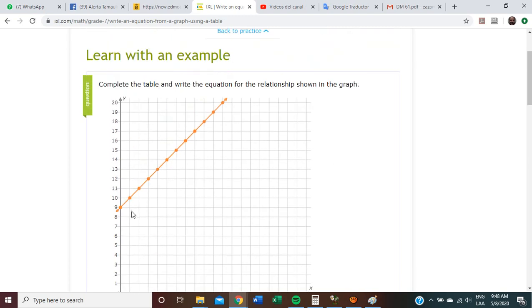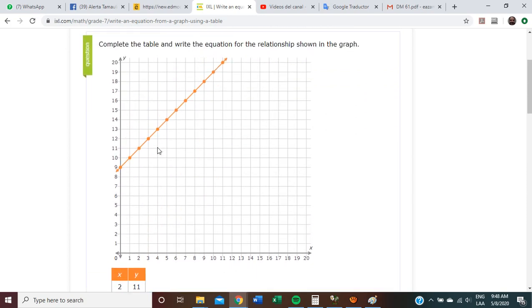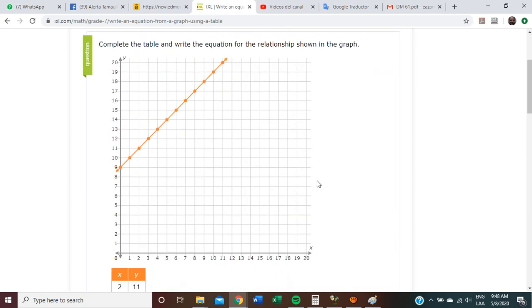So we're going to start here at this point, y is 9 and x is 0. Remember that we already talked about how to read coordinates, and it is pretty simple.